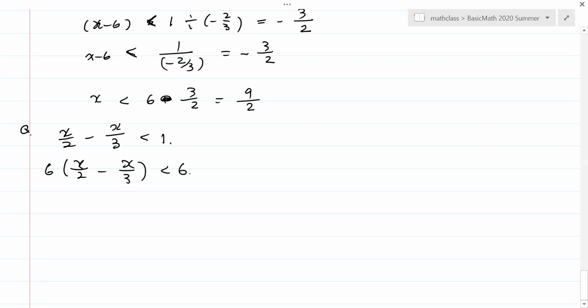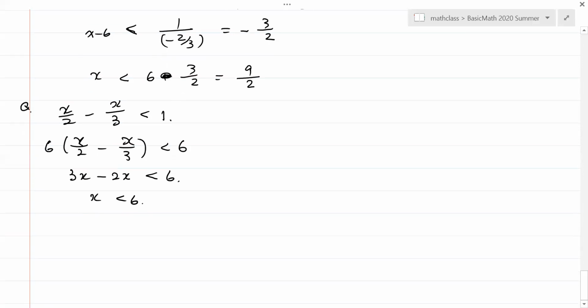Okay. Then the left-hand side is going to be 6 over 2, which is 3, 6 over 3 will be 2. Okay, less than 6. So x is less than 6. Good job.